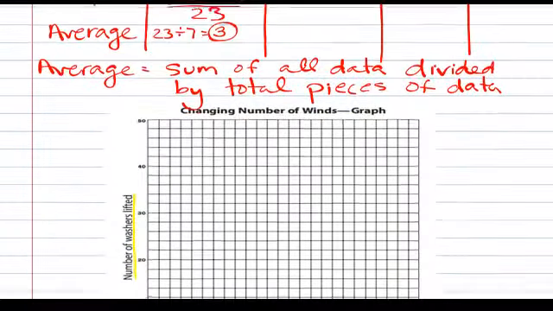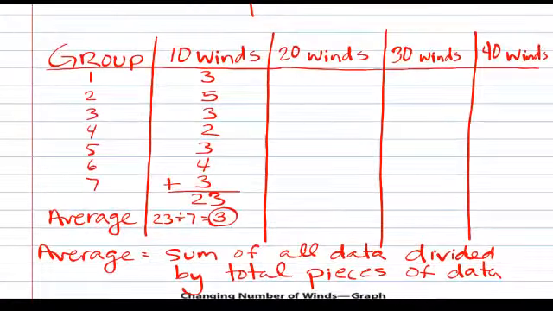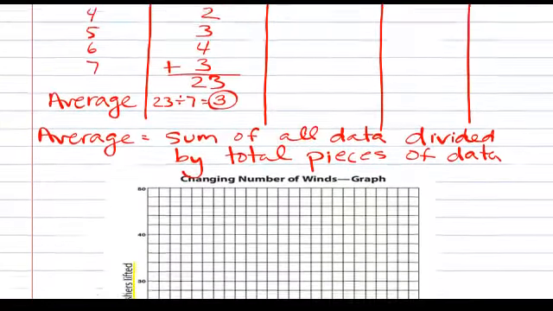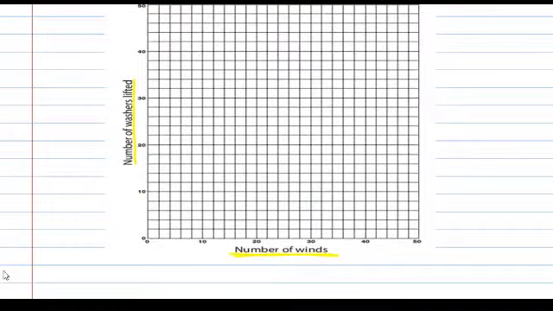If I go back to my graph and I look that for 10 wines my average was 3. So I'm going to come down here, find 10 wines, and go to 3. However, it's important to note that this is not based on 1. This is not 1, 2, 3, 4, 5, because you will notice this is actually 10, which means each line represents 2.